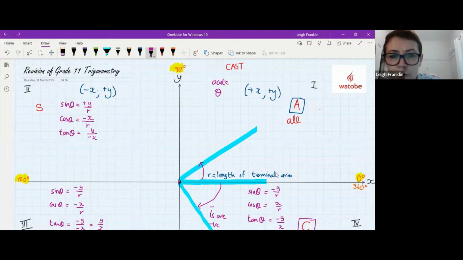So for the first quadrant, we can go plus 90 degrees in an anti-clockwise direction, and then I can come minus theta degrees in the other direction.